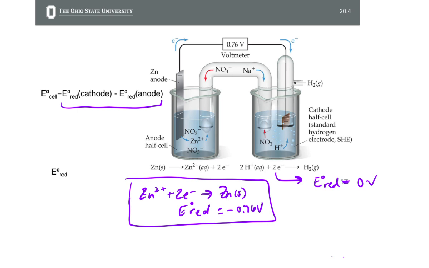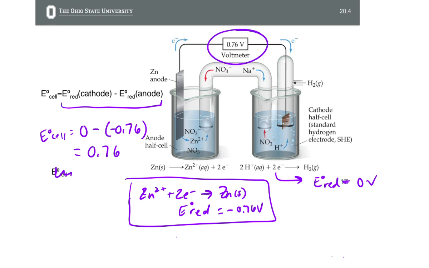And so when we calculate the E cell, we take that at the cathode for the hydrogen, which is 0 volts, minus that at the anode, negative 0.76 volts, and we'll end up with a cell potential of 0.76 volts, which is what is being shown here on the voltmeter. That's the maximum voltage that we can get from this galvanic cell.